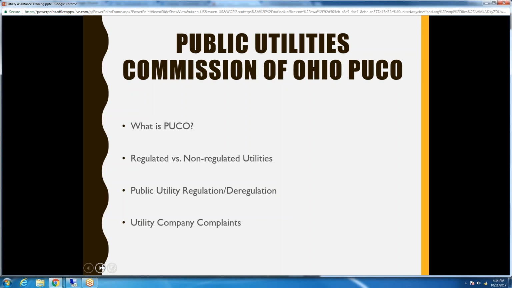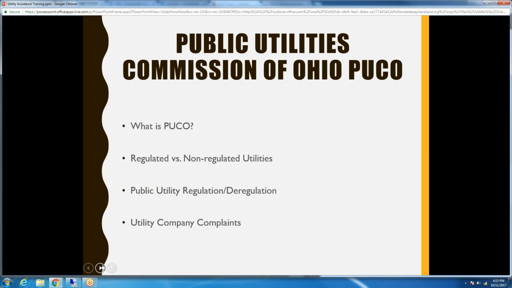Now, when I first started here, I had no idea what the difference between regulated and non-regulated utilities was. And it took me a while to figure this out. But in simple terms, regulated companies tend to be larger companies that are for profit, whereas non-regulated companies tend to be smaller and are nonprofits.